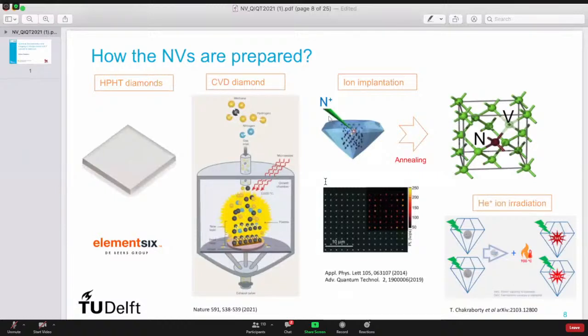So the main idea of this technique is using a carbon containing gas and then using the gas carbon to make it deposited on a diamond seed layer and then create the diamond film. So generally a mixture of methane and hydrogen is used.